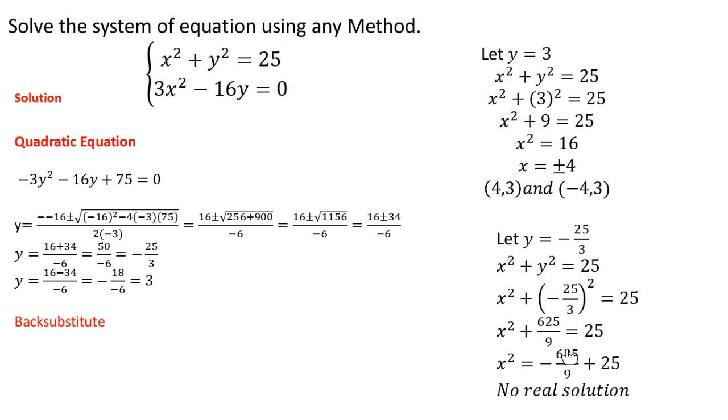I believe this number, if we divide it, is going to be around 60 something, and it's going to be a negative. So we're going to end up with x squared is equal to negative. I'm going to put a question mark because I'm not sure what that comes out to. But this value is going to be negative.